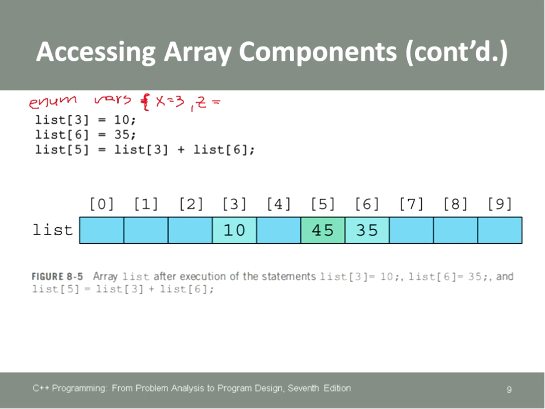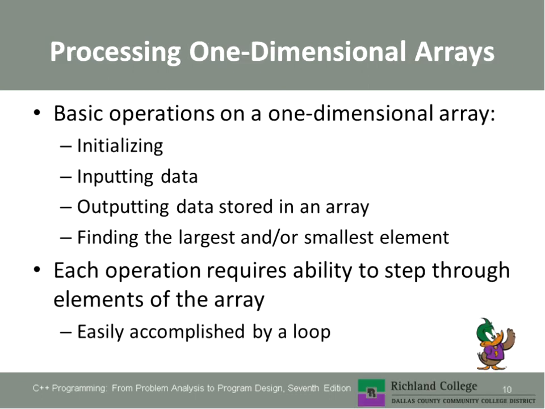In this example, z is 5, and then y is going to be 6. So now we can replace this 3, 6, and 5 with the actual named component that would be easier for humans to remember. This is why we learned enumeration first, and now we can use it in our array examples.